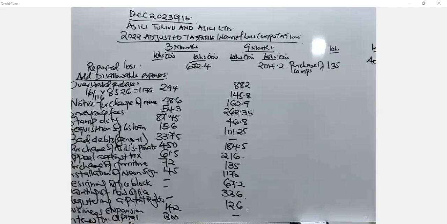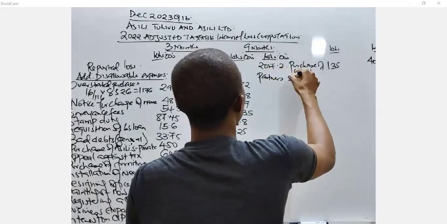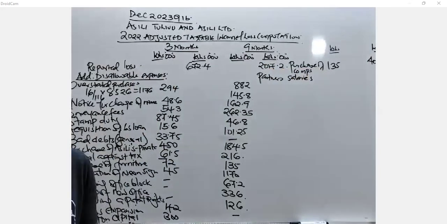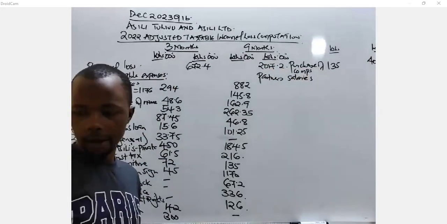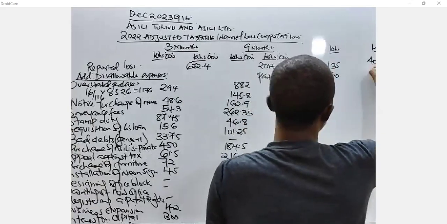Then we have partners' salaries. And I know you are the people who are doing the allocation. So the partners' salaries, we have 2160. You put it here. 2160.